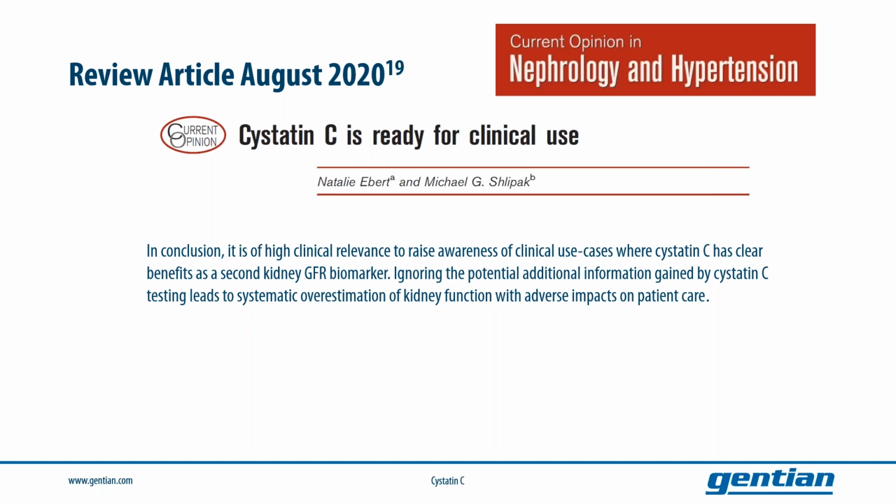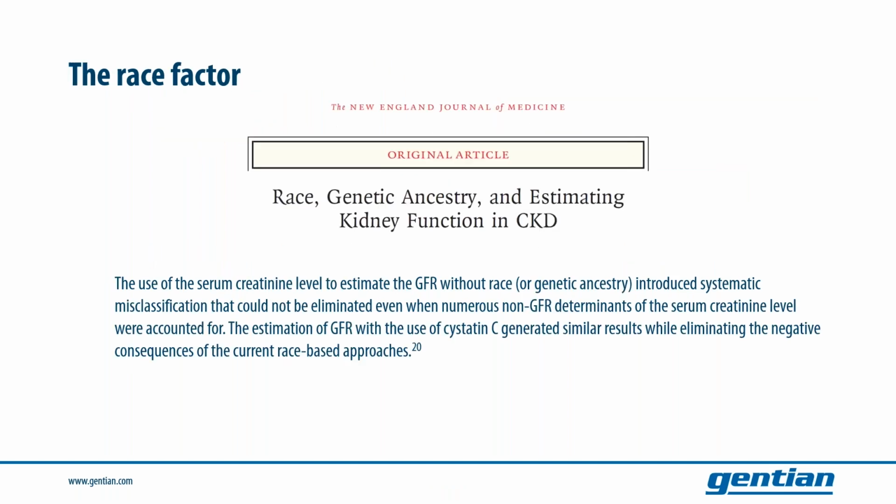And for those of you who consider continuing using creatinine alone without the race factor, you should be aware of this publication from the New England Journal of Medicine, published in August 2021.